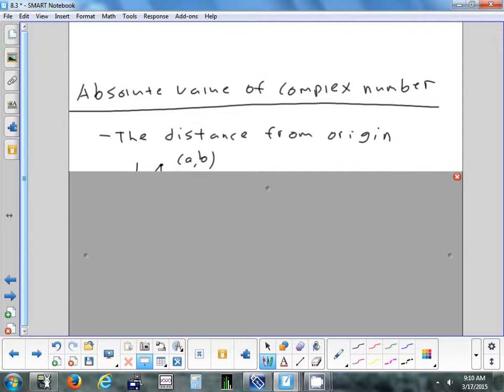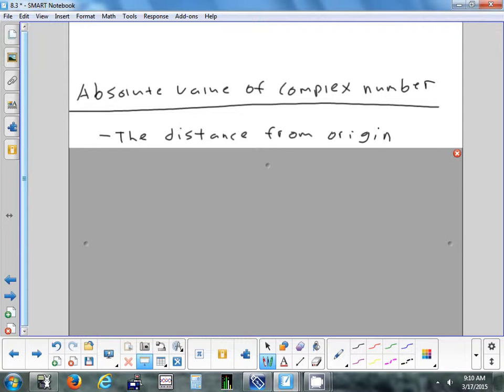All right, so the next thing we're going to look at is how we find the absolute value of a complex number. Well, it's the same idea as if you were doing this with any number. It's always the distance from 0, or in 2 dimensions, we call it the distance from the origin.